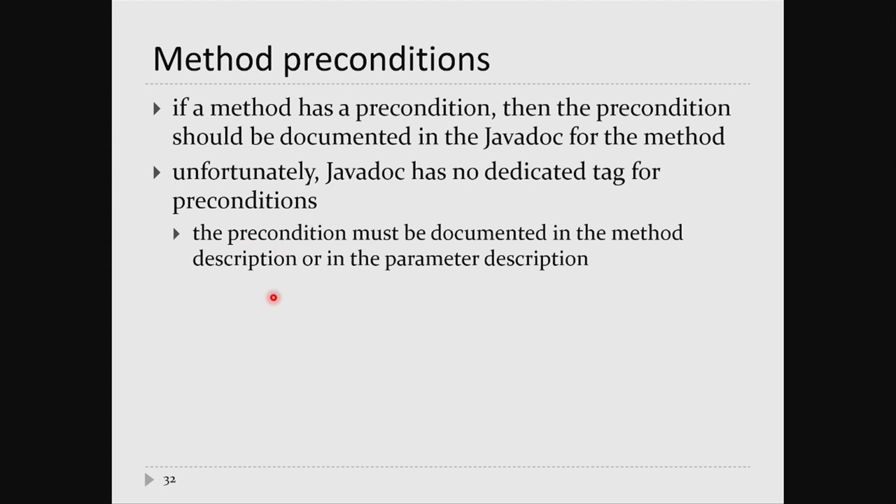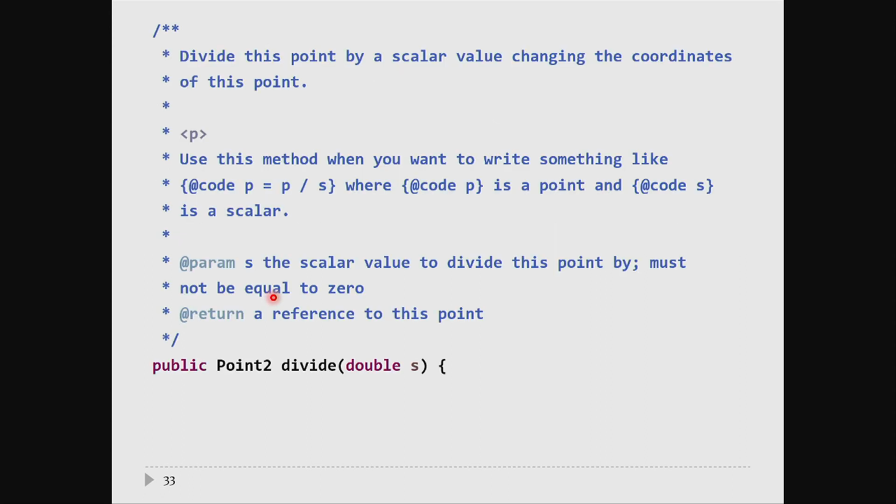So what does that mean? That means you're stuck documenting the precondition inside the method description or whenever you describe the parameter that has the precondition on it. For example, here, this is divide. All divide is going to do is divide the coordinates of the point by s.